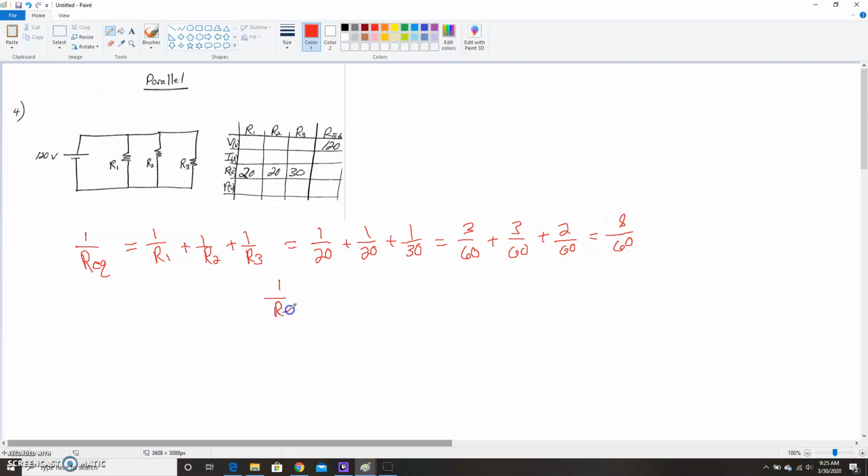Now, what that tells you again is 1 over R equivalent equals 8 over 60. So, effectively cross multiplying, or what cross multiplying is really doing is you're taking your numerators and denominators and flipping them. So, R equivalent equals 60 over 8, which is 7.5 ohms.